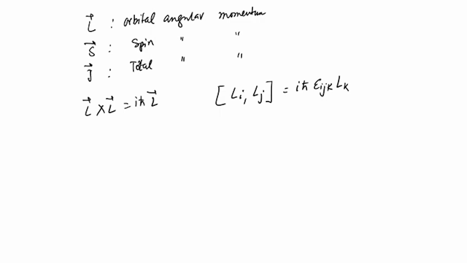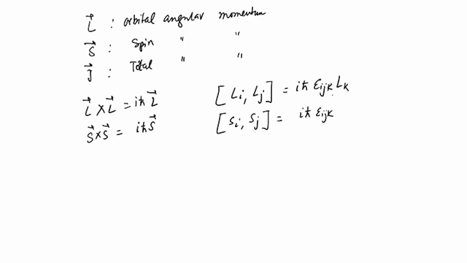And similarly, we have S cross S equal to iħS, and similar relationships follow as well, that the commutator of Si and Sj is iħ epsilon_ijk Sk. Now, this epsilon_ijk we have explained before; it is called the Levi-Civita symbol.